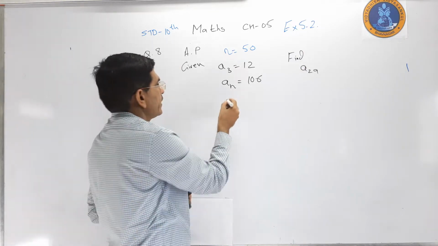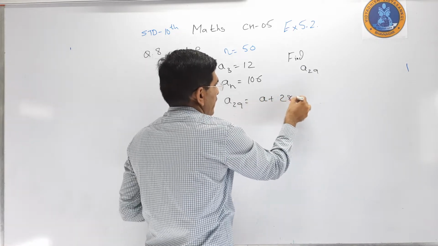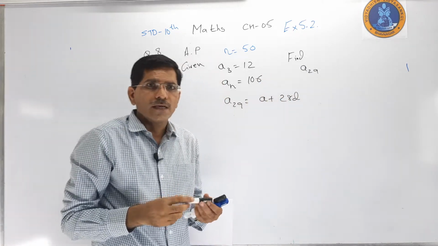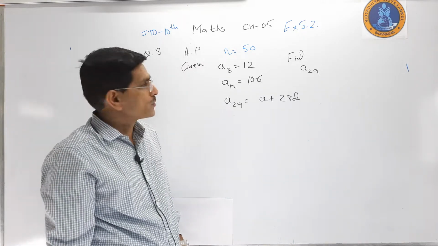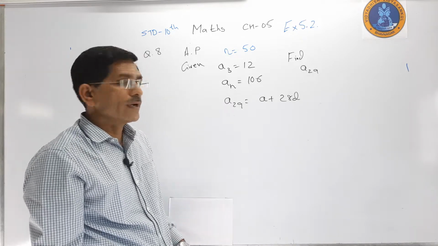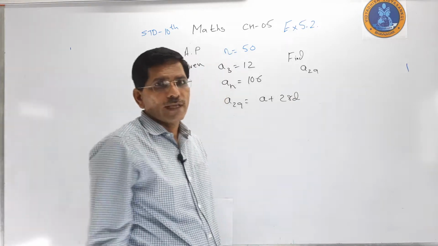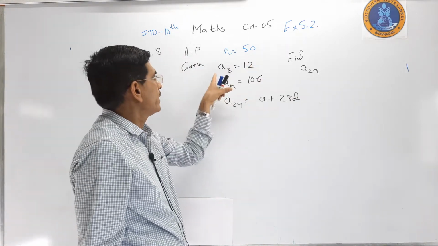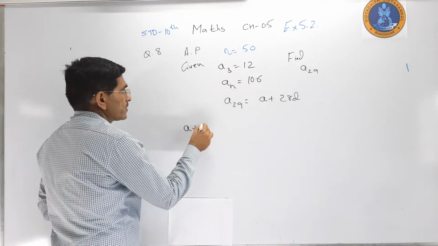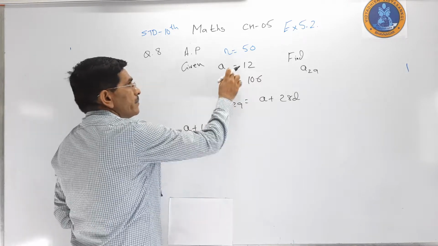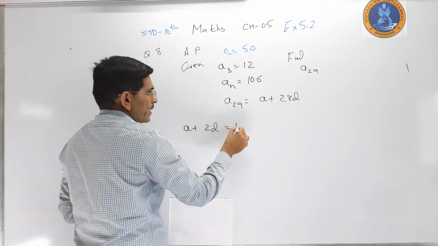If I want to find A29, it means A plus 28D, so I have to find A and D. Now how can we find A? Two equations we have. A3 is equal to 12, means A plus 2D is equal to 12.